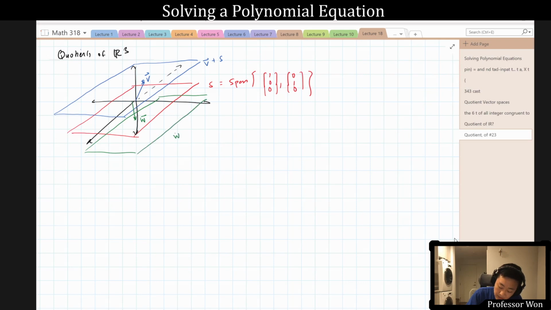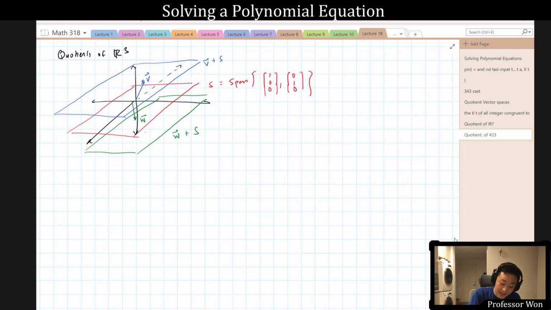This is W plus S. So you can take all of R3 and split it up into a bunch of things that are parallel to this two-dimensional plane. And it turns out that if you look at the set of all of these parallel sheets and consider them each a vector, you will get a thing that is a vector space.